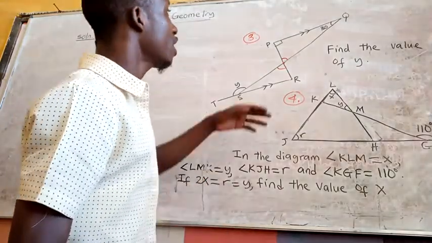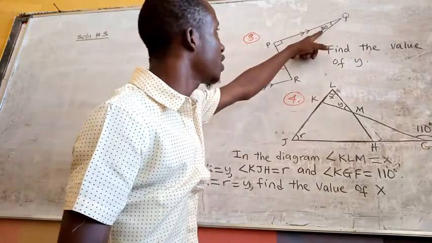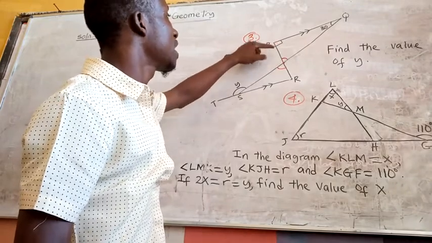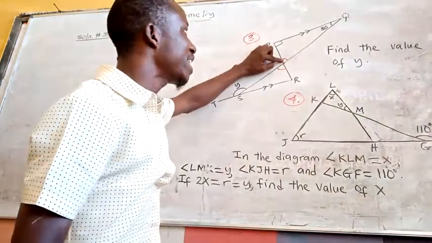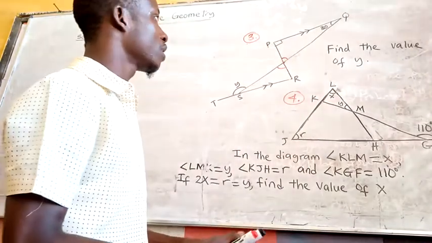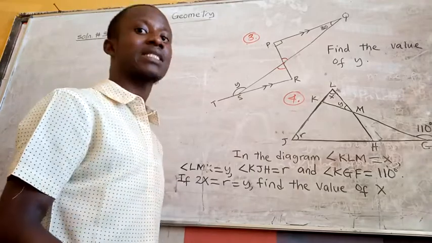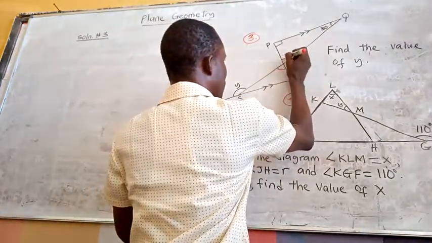And here, in this first triangle, we have 30 degrees at point Q, and we have 90 degrees at point P. This box indicates a right angle, but the angle here is unknown. So we can try to represent the angle by an unknown variable. So let the angle here be x.